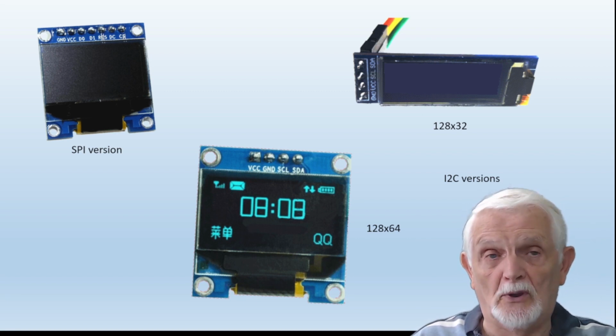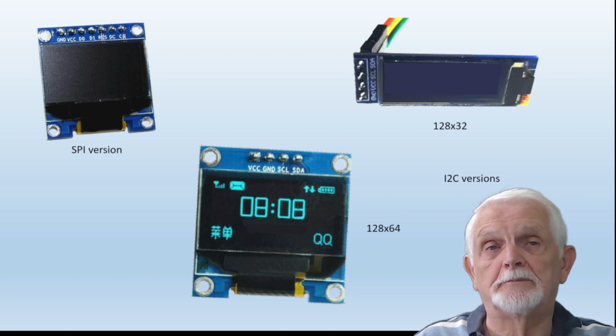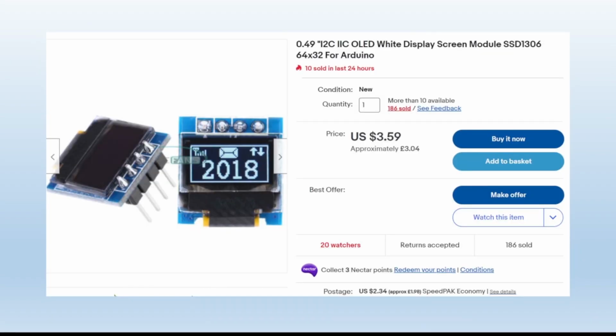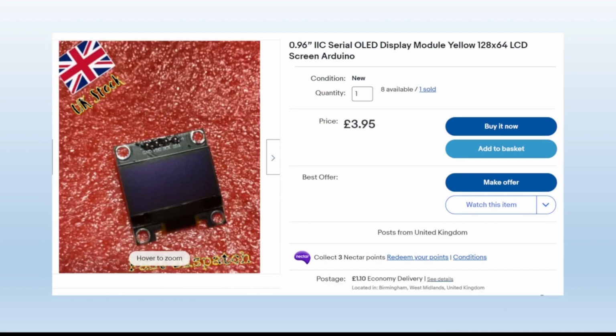And that's the ones we'll be looking at, the I2C versions. There's one of the smallest ones. It's only half an inch. You can buy them on eBay. This is the larger version, the 1 inch screen that we'll be looking at in more detail as we go on.